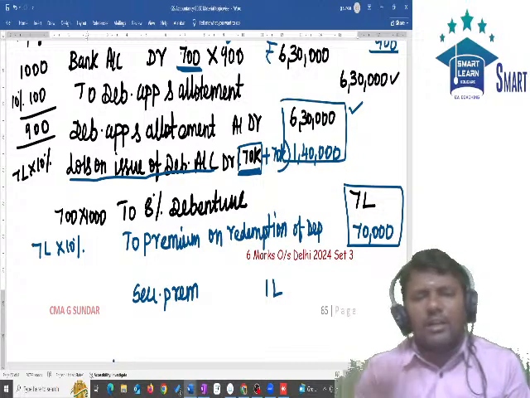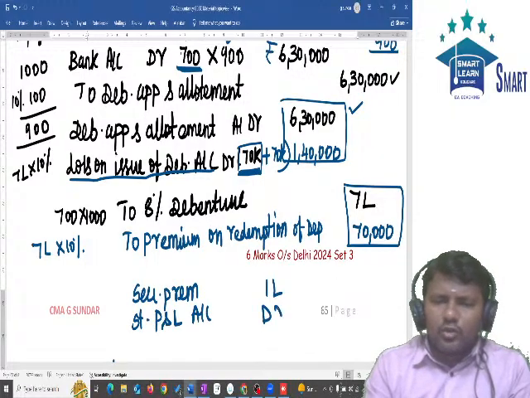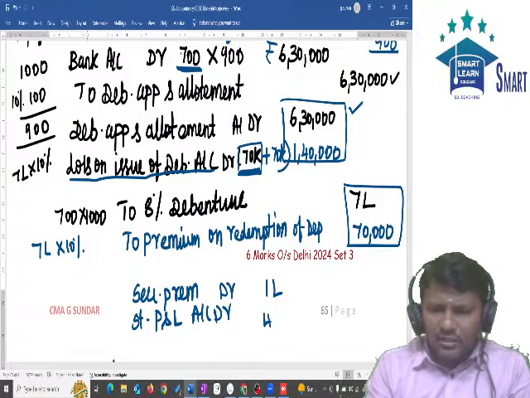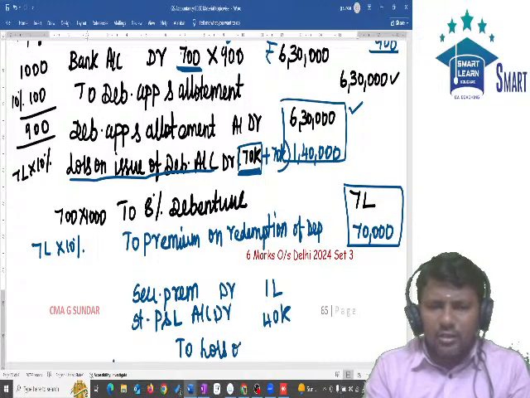This securities premium is to be adjusted against this loss. What is the journal entry for that? Securities premium account debit. We have a loss of 1,40,000, and securities premium is only 1 lakh, so the full 1 lakh will be adjusted. The balance loss should be debited to statement of P&L. So P&L account should be debited with the difference, 40,000, and credited to loss on issue of debenture.